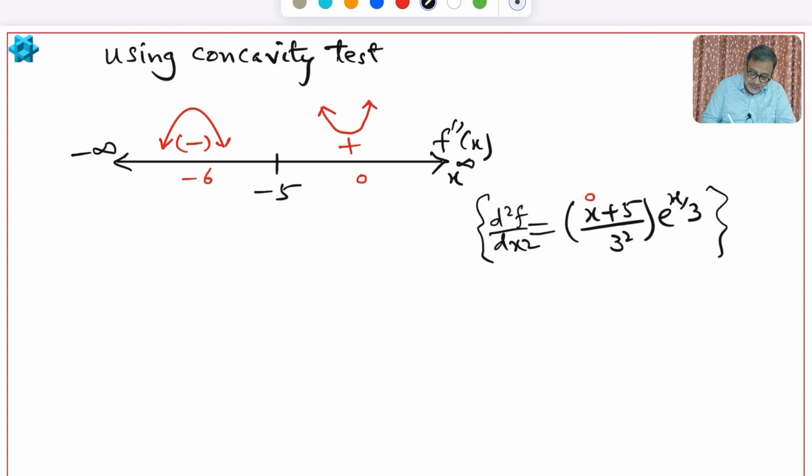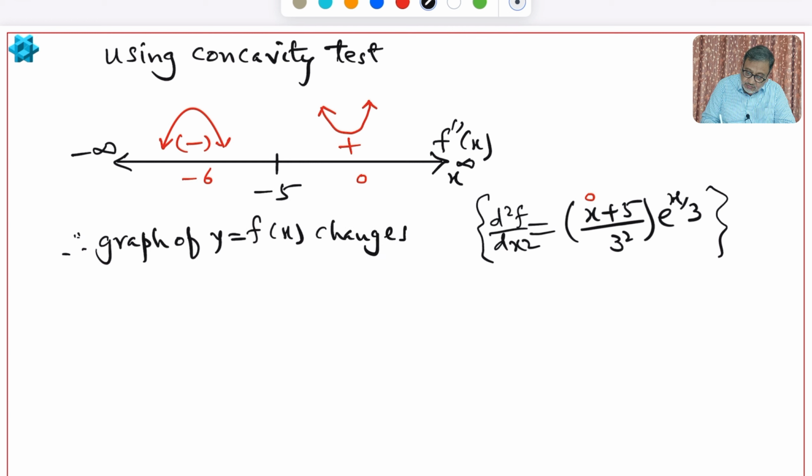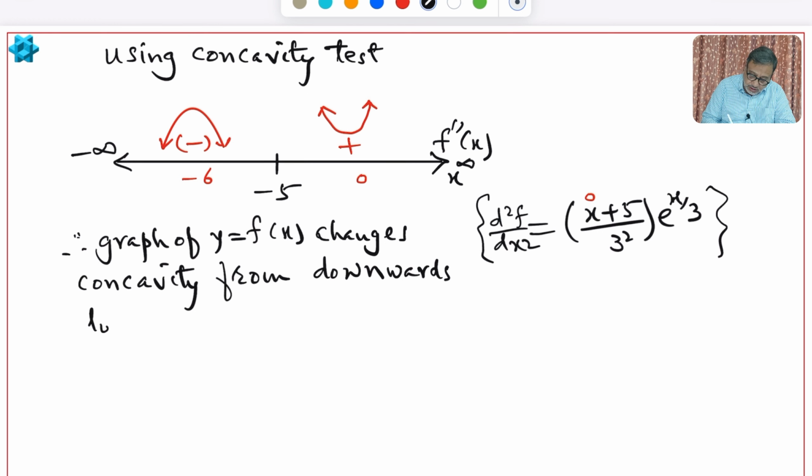So the graph of y is equal to f of x changes concavity from downwards to upwards.